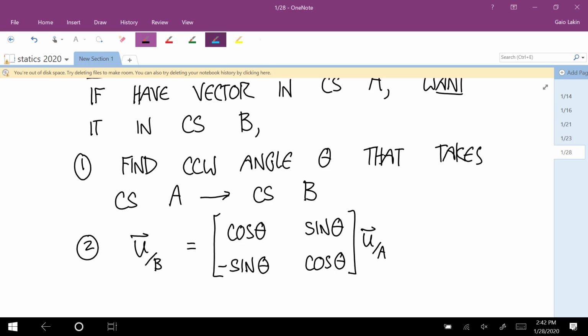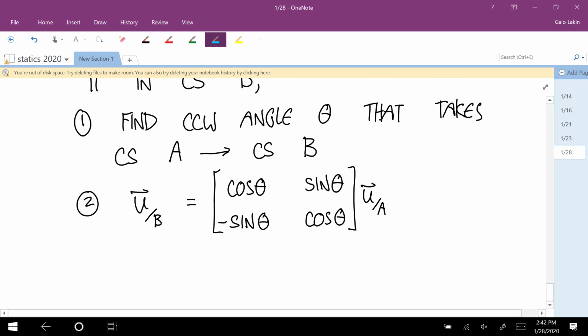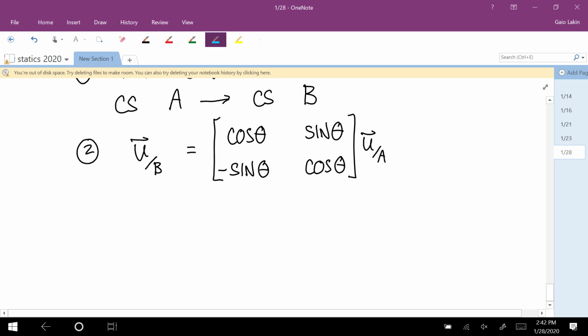This looks complicated, but when you get used to it, it's quick. So back to the problem.